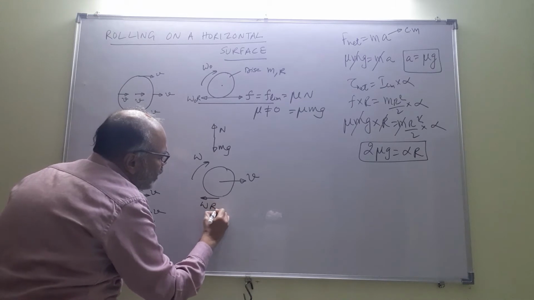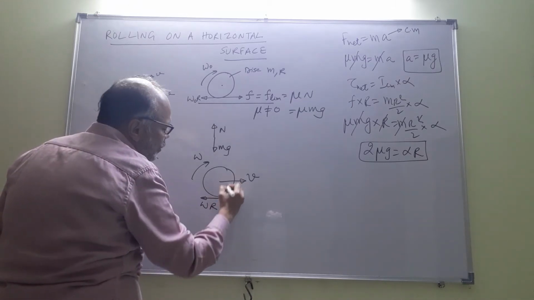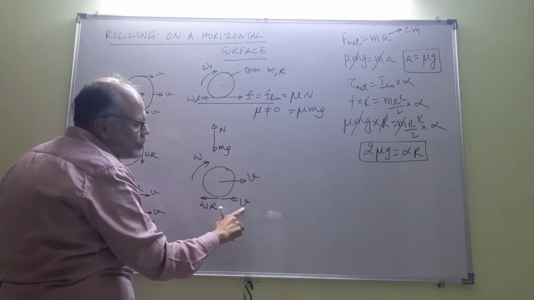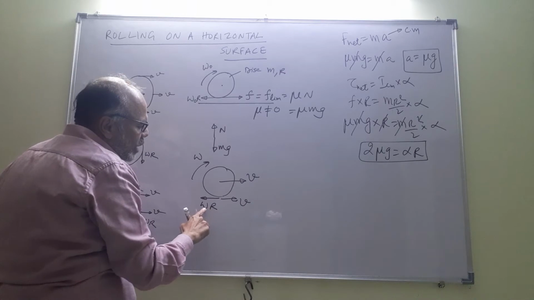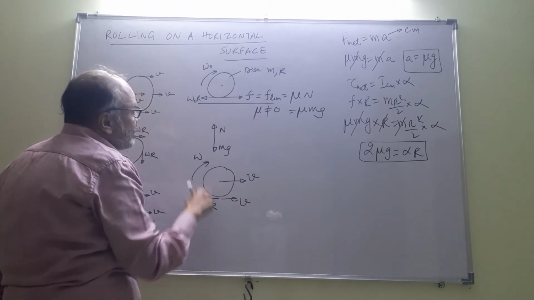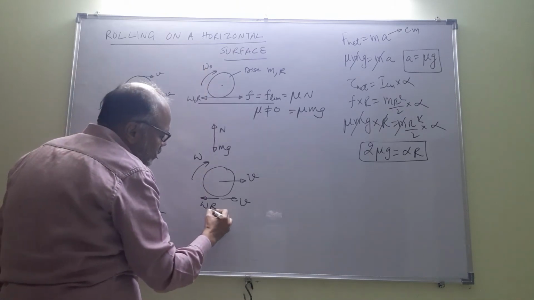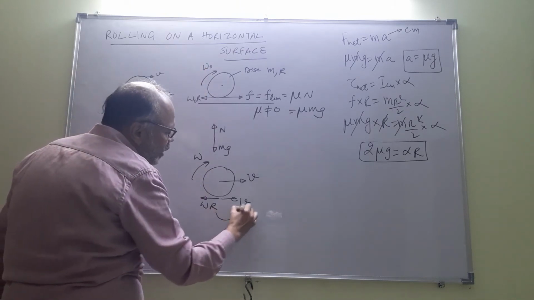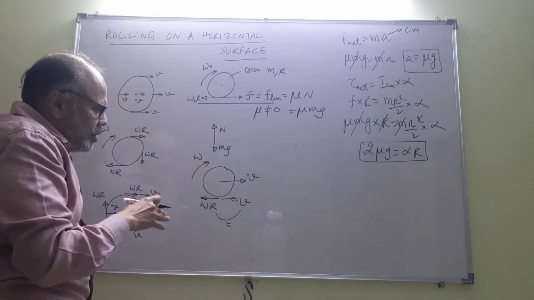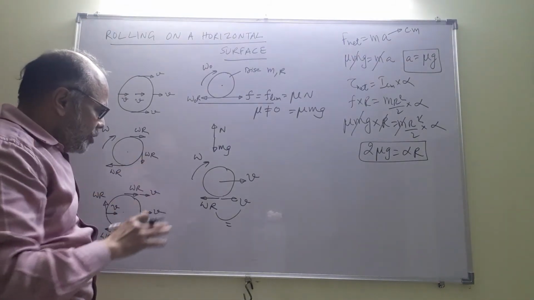You will have omega r towards the left, and superimpose the velocity of the center of mass, you will have v like this. So v is continuously increasing and omega is decreasing. So omega r is continuously decreasing from omega naught, and there will come a situation where omega r and v become equal and there will be pure rolling. When that pure rolling occurs, frictional force will disappear.